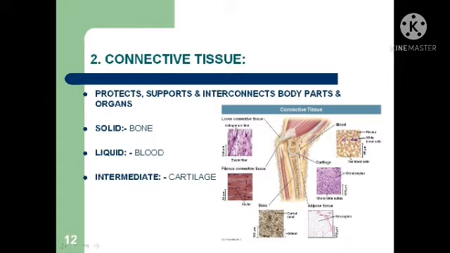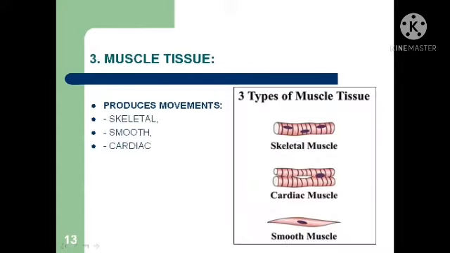This connective tissue is of three types. The solid type, the example of the solid type is bone. The liquid type, the example is blood, and the intermediate type, the example is cartilage.